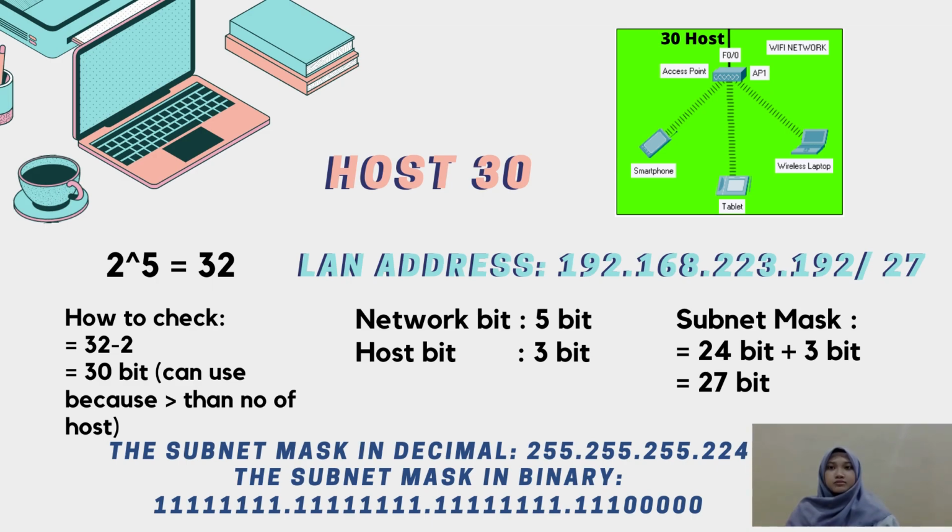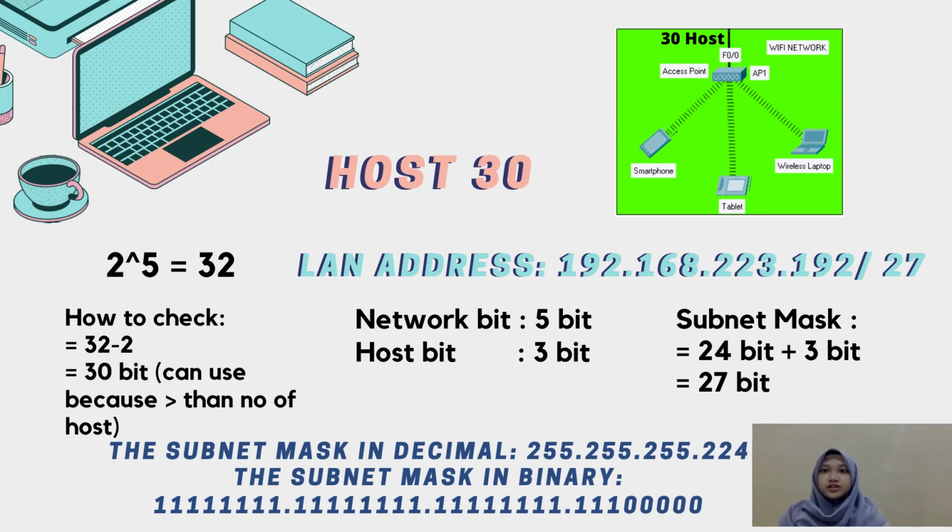Why do we get subnet mask 27? Because the default is 24, and then we need to add the host bit, which is 3: 24 plus 3 equals 27. From this step, we get that the IPv4 address is 192.168.223.192/27.